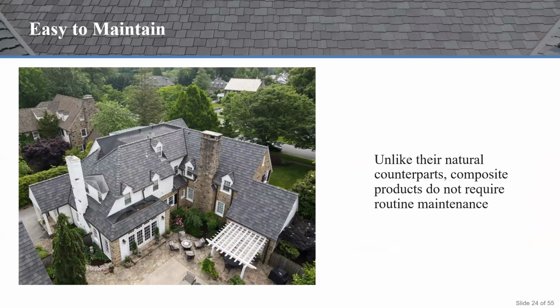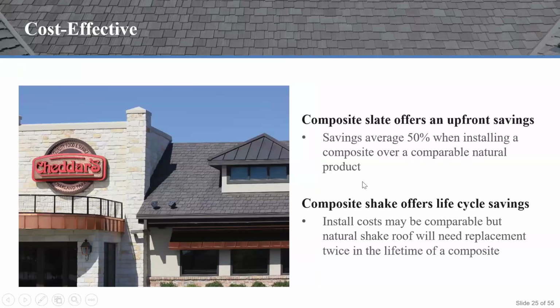So, often you'll find a lot of installers that work with composites, they do open valleys rather than a closed valley because it just gets the organic matter out of there. And in a lot of cases, the roofs will perform even better. Okay. From a cost standpoint, composite slate's going to offer a pretty significant upfront savings, especially versus natural slate. Okay.